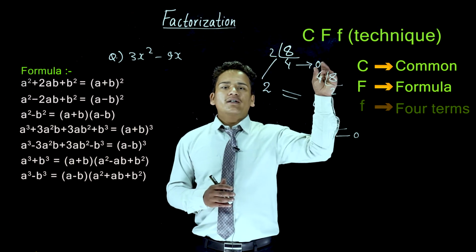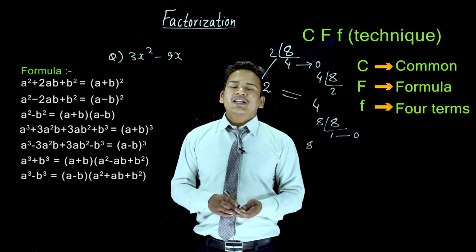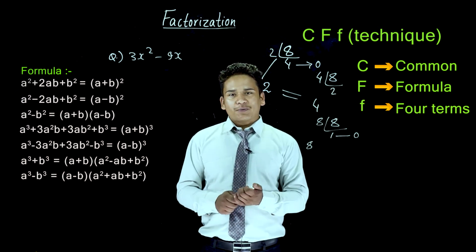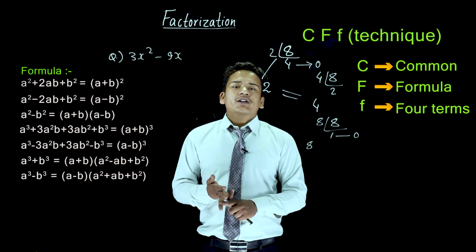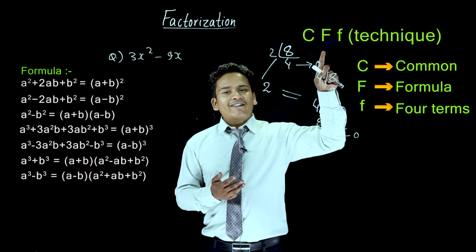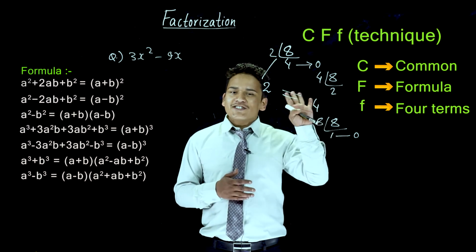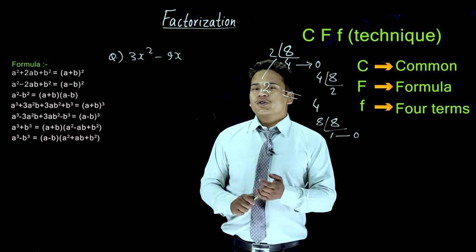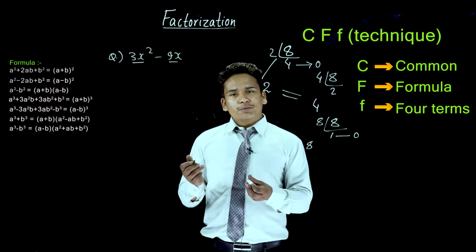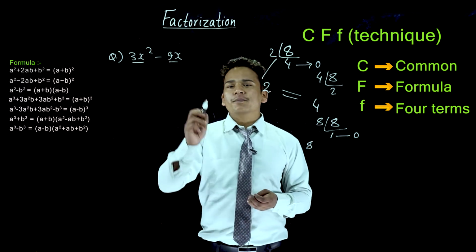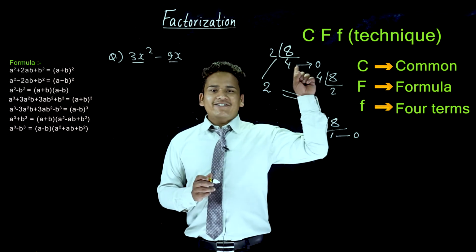The final one, small f, says that if there are 3 terms in an algebraic expression and you cannot take a common factor or use a formula, then you break it into small f, meaning 4 terms. In this question, we have only 2 terms. We all know that terms are separated either by plus or by minus. So we are going to use the CFF technique.